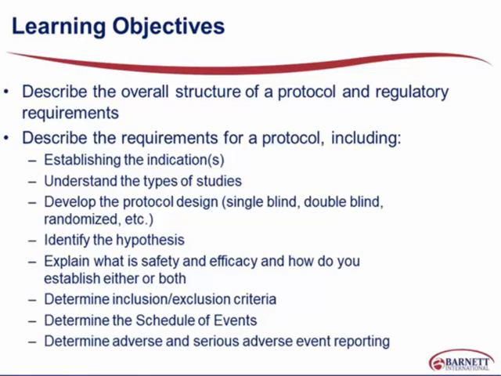Protocol design, what type of blinding, randomization, bias methods, or methods of eliminating bias really. How to identify the hypothesis, understanding the difference between the safety section and efficacy section, how do you establish this in your protocol. Inclusion-exclusion criteria, the schedule of assessments or schedule of events, whichever you call it, and ways of determining how to deal with adverse and serious adverse event reporting.